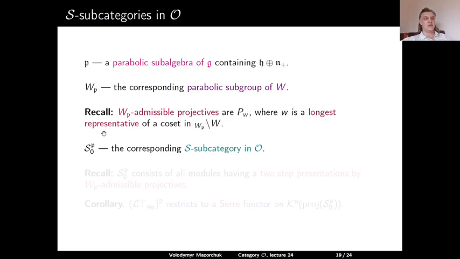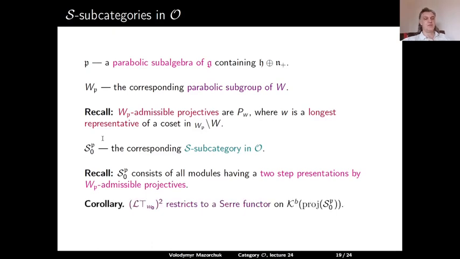And then we have the corresponding S-subcategory S_0^p in O_0, which consists of all modules which have a two-step presentation by W_p-admissible projectives. From the main theorem, we immediately obtain that the square of the left derived of the twisting functor by w0 restricts to a Serre functor on the category of perfect complexes for the S-subcategory S_0^p.